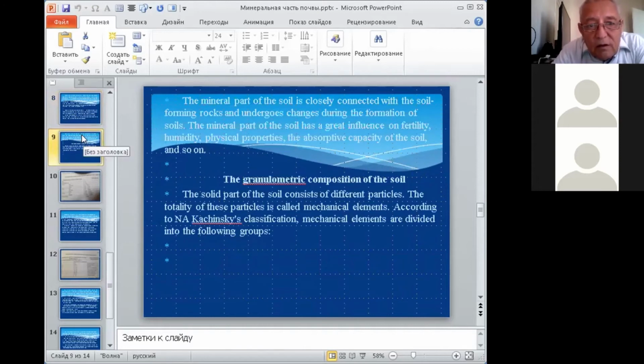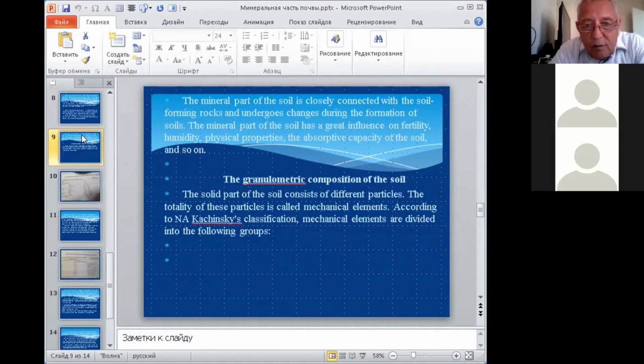The mineral part of the soil is closely connected with the soil-forming rocks and undergoes change during the formation of soil. It has a great influence on fertility, humidity, physical properties, the absorptive capacity of the soil, and so on.